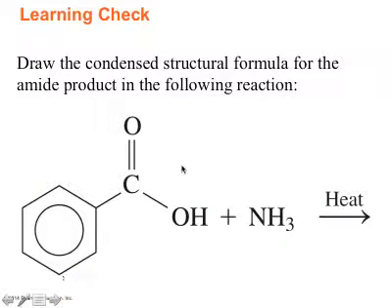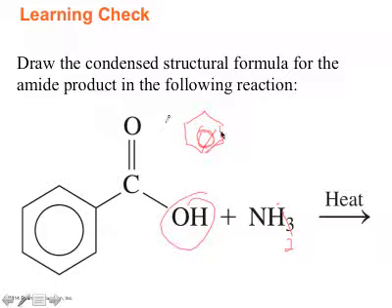Okay, so we're going to take benzoic acid, and we're going to do a condensation reaction where we take water out. So this OH group will be gone, and one of these hydrogens will be gone. It'll become NH2. So I'm just going to go ahead and draw it here, then we'll see how well I did. There's my ring, and here's my carboxylic acid part, and then I've stuck that on it.